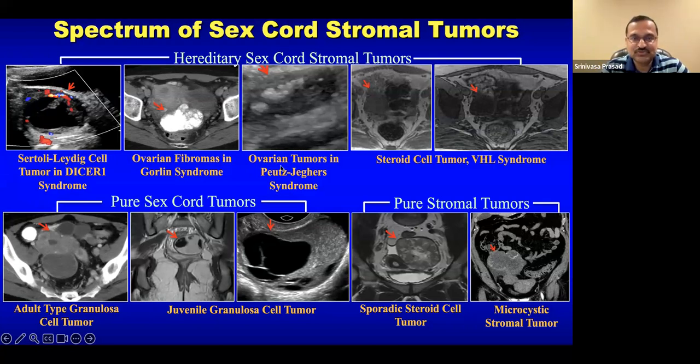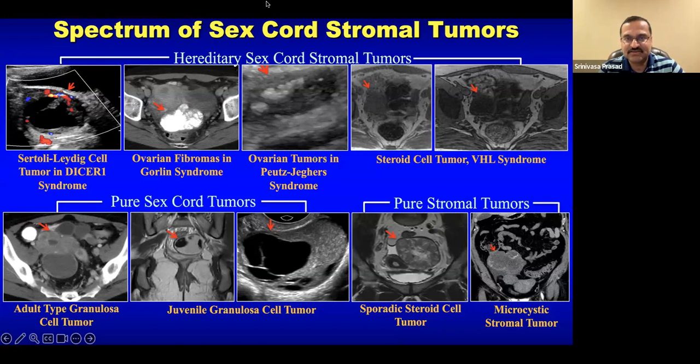And in patients with Peutz-Jeghers, what we see are hyperechoic or calcified lesions within the ovary that are the specific subtype of sex-cord stromal tumor in these patients.